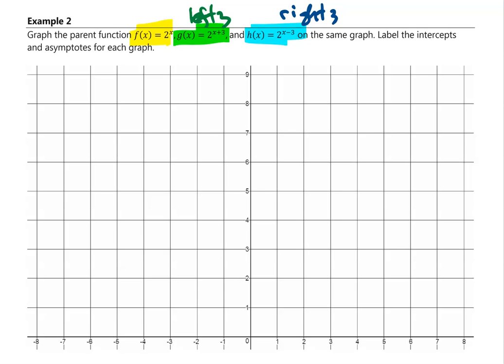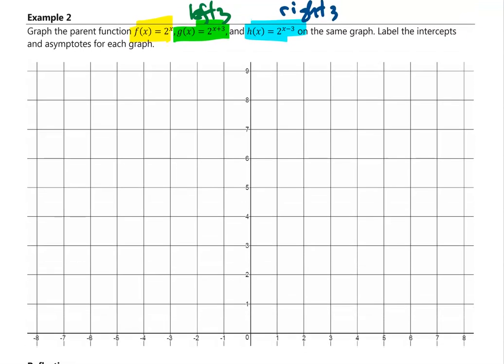Okay, so again, let's start with our 2 raised to x. Remember, the horizontal asymptote here is y equal to 0.